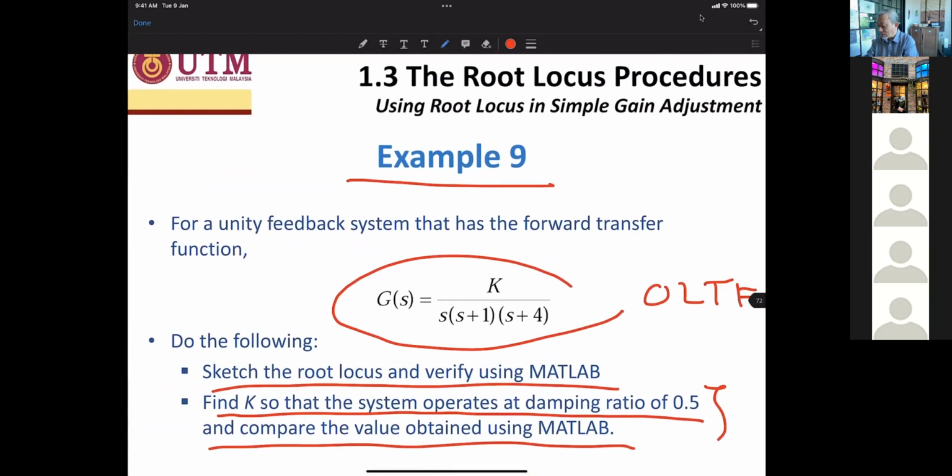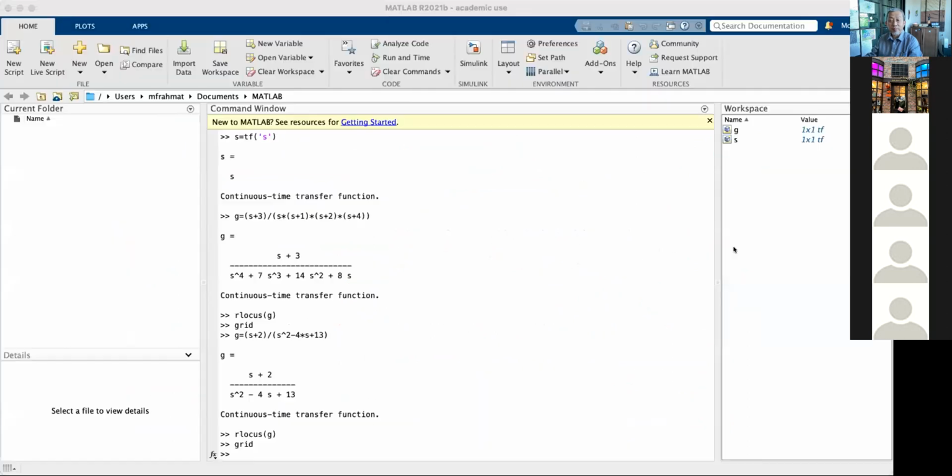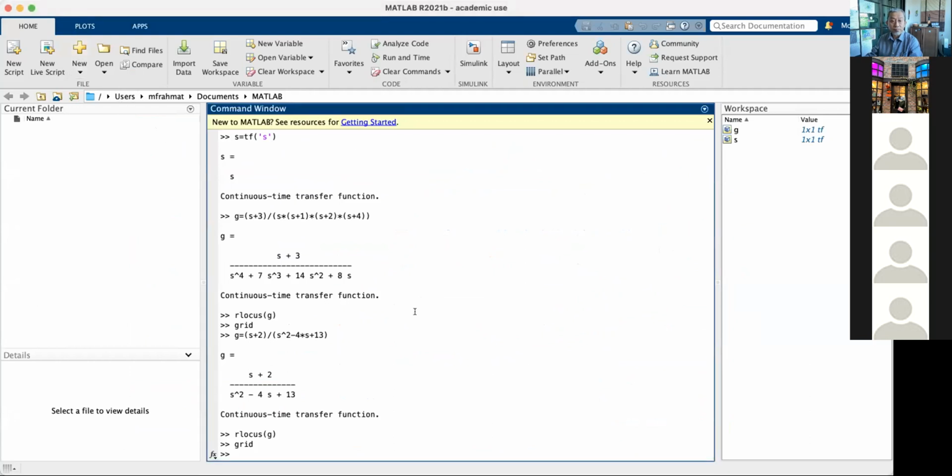We draw the root locus first. So G is equal to 1 over S multiplied by S plus 1 multiplied by S plus 4, close bracket.